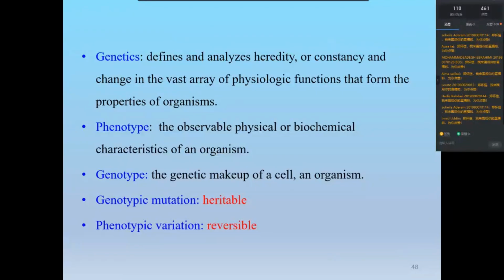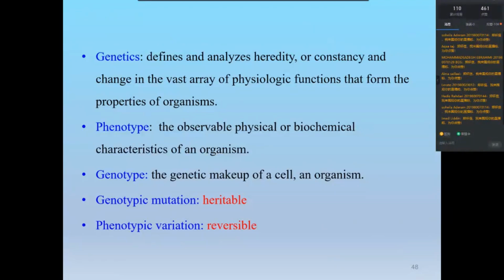And we should also understand phenotype. Phenotype is the observable physical or biochemical characteristics of an organism. In microbiology, that means the microorganisms. So this phenotype, you can observe it, you can detect it, like whether it can produce something or degrade something, whether it can move or not.